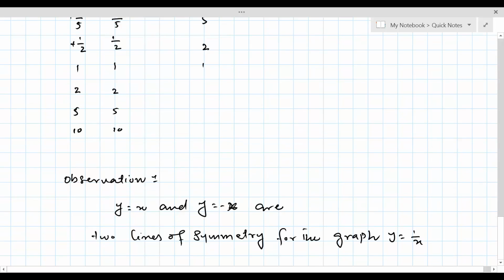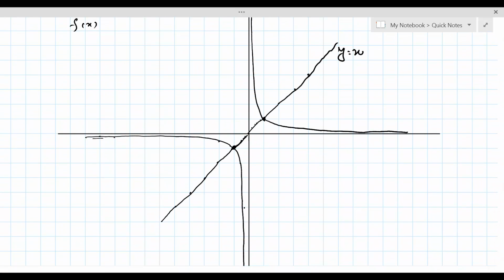It means that the graph is a similar shape on either side of y is equal to x. It's also symmetric about this line as well, because the shape of the graph on both sides of this line is also the same.